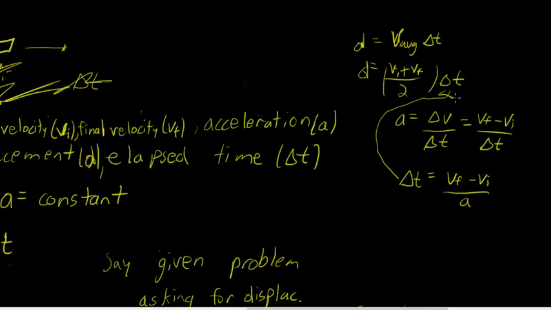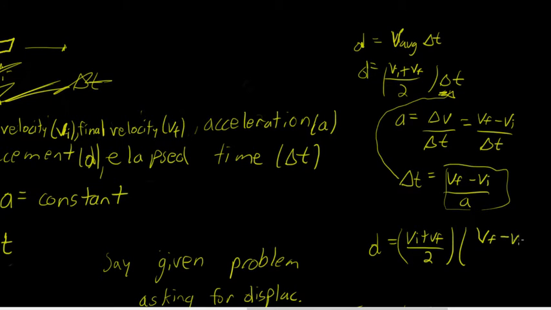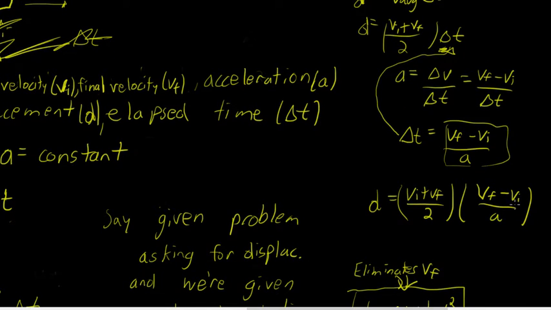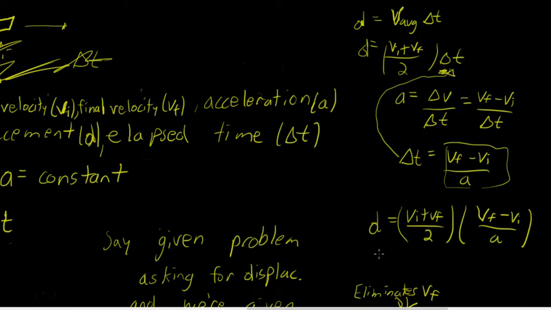We can substitute this in for delta t. So we get d equals vi plus vf over 2 times vf minus vi over a. So we get d equals vf squared minus vi squared over 2a.